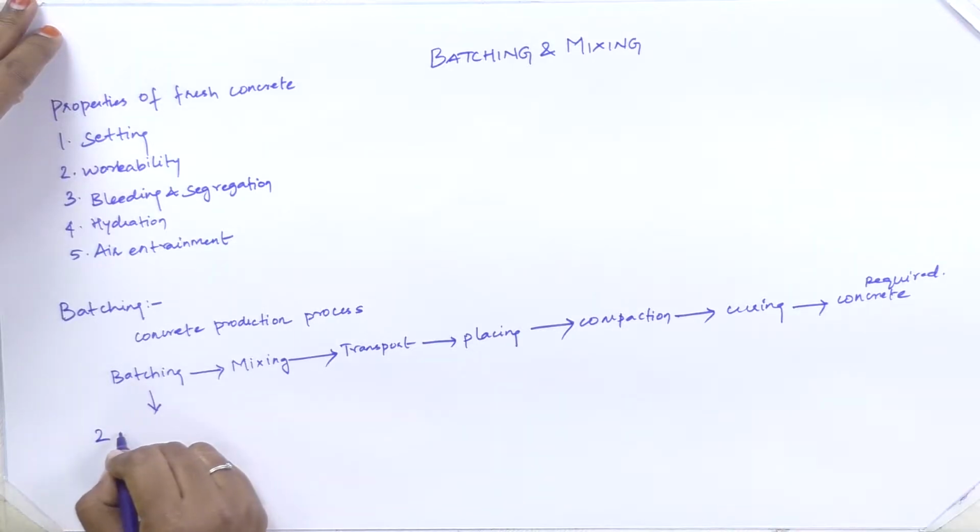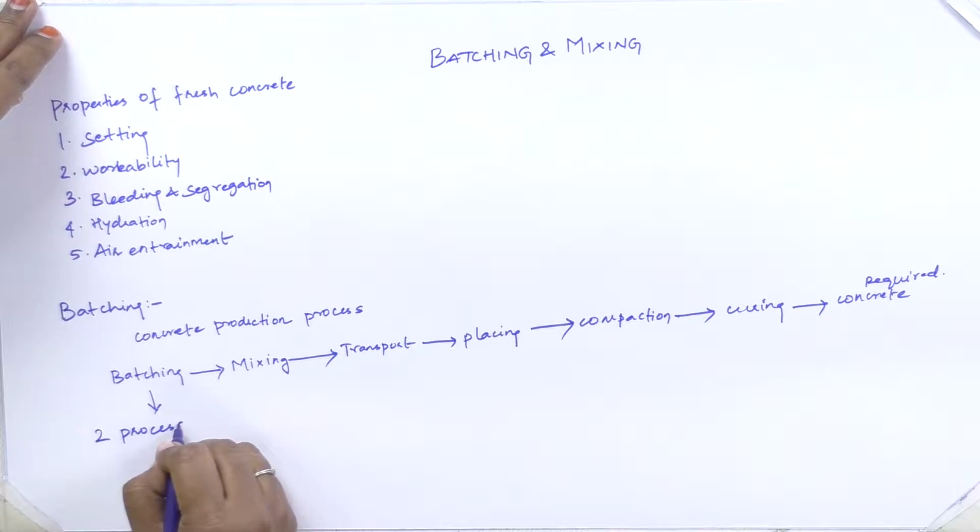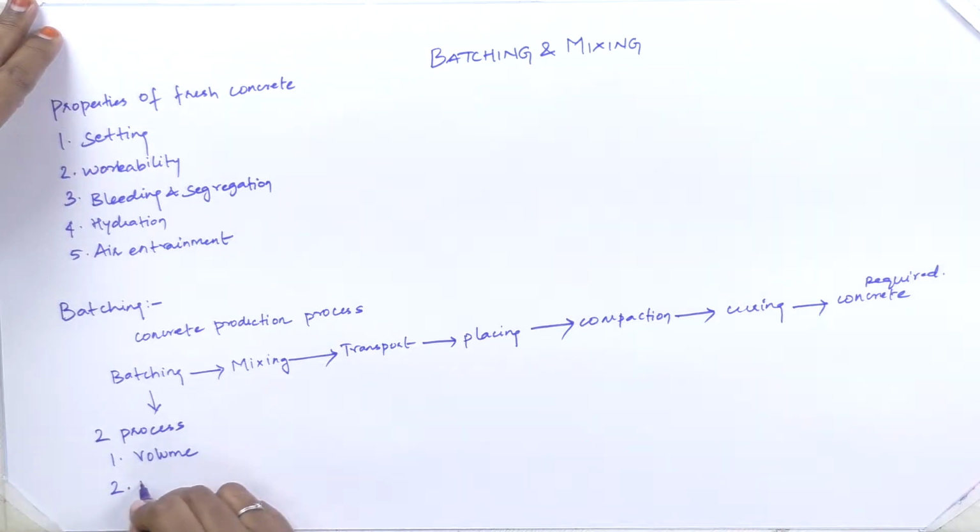In batching, we have two processes. One is volume batching, next is weigh batching. Nowadays we are not using volume batching.